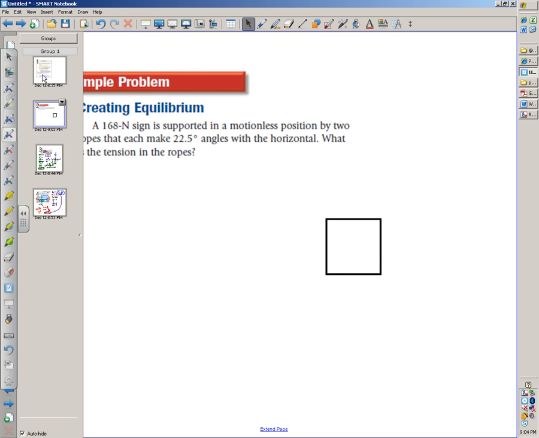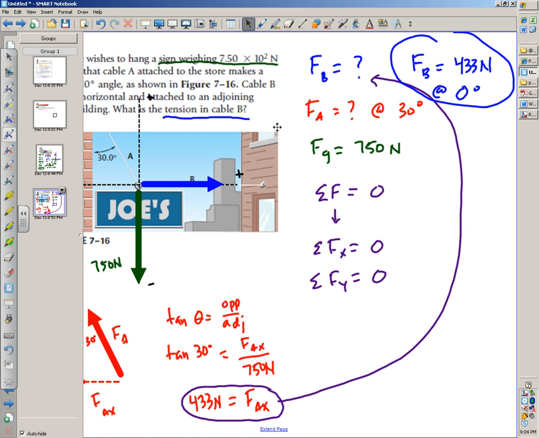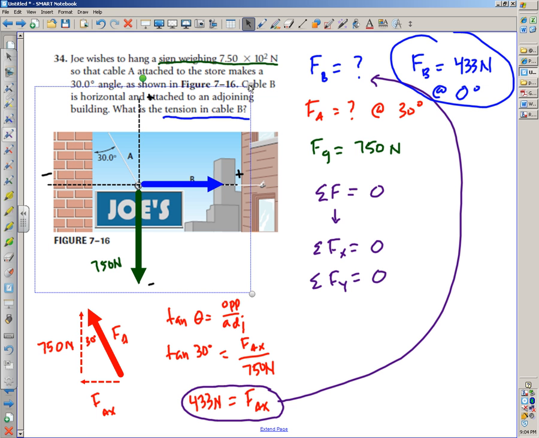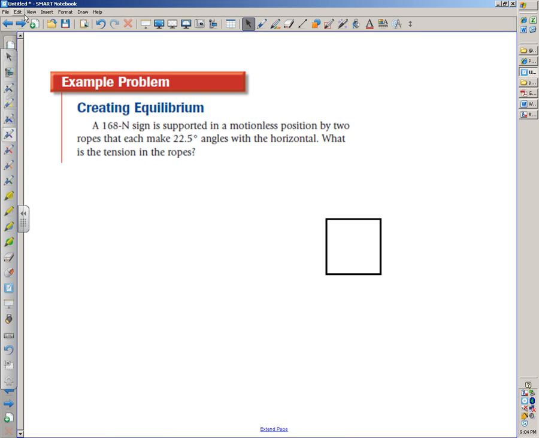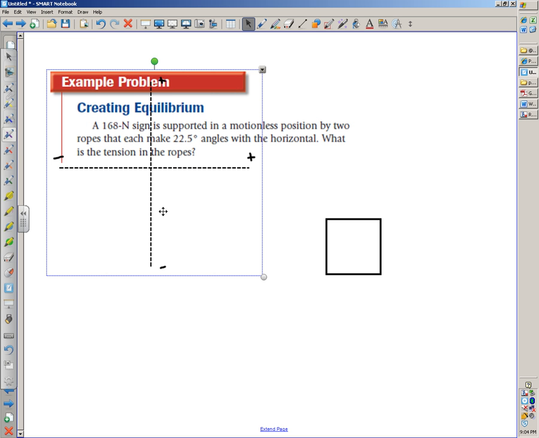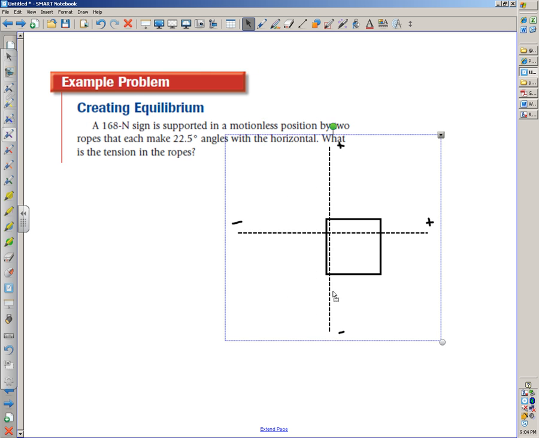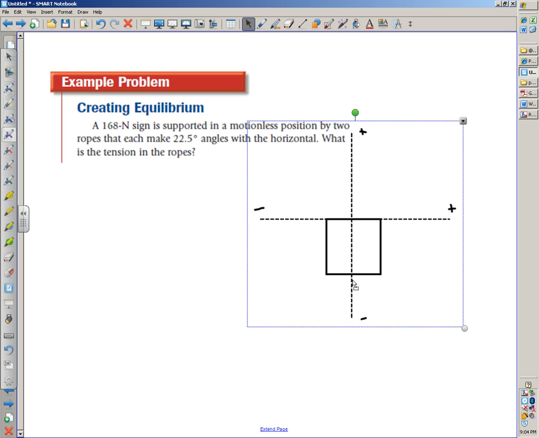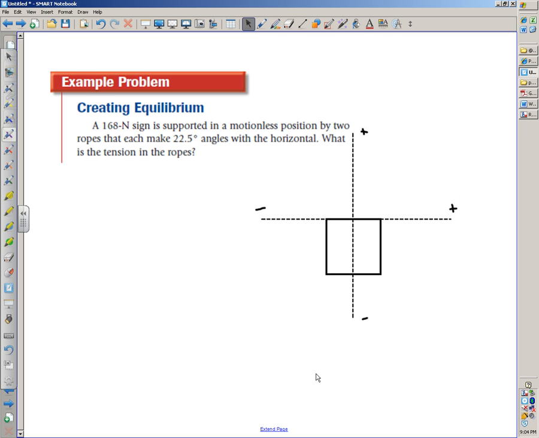Then I'm going to get my frame of reference that I've been using, because in 2 dimensions, that's our frame of reference. So I'm going to paste it right here. And to make my life a little easier, I'm going to place the x-axis right on the top of my sign. It says that there are 2 ropes that each make a 22.5 degree angle with the horizontal.